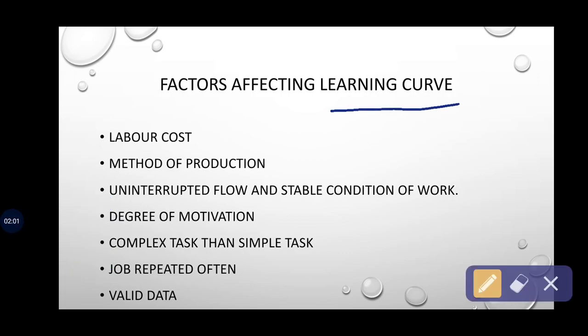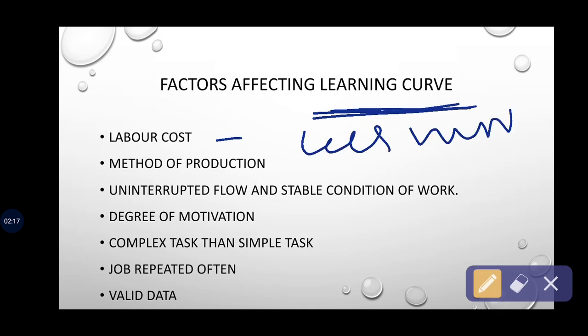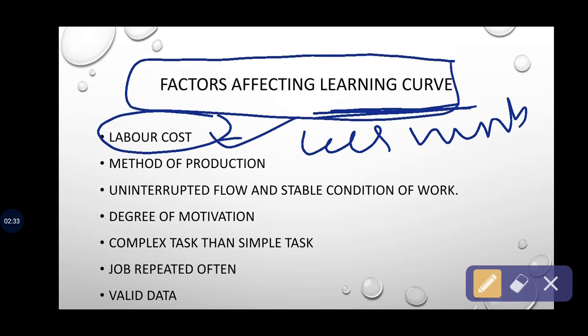So his learning capacity will increase, and he will try not to cause any wastages, and also try to do it in fewer attempts. Labor cost, payment of salaries, wages, incentives, bonus are factors which affect every kind of employee. So here also labor cost is a main factor affecting the learning curve.